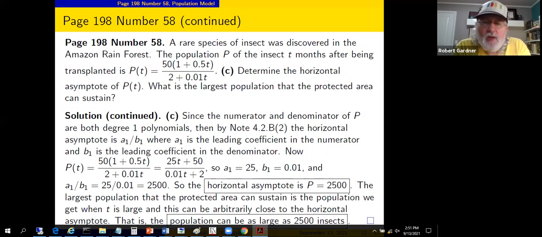We'll deal with a model that mimics this carrying capacity. Some of these original models actually come out of ecology and not so much out of math, but it's called the Logistic Equation, and I think it's the last section we'll cover in Precalculus 1. But this asymptote, P equals 2,500 insects, gives us the largest number of insects we could have. The model is going to asymptotically approach that.